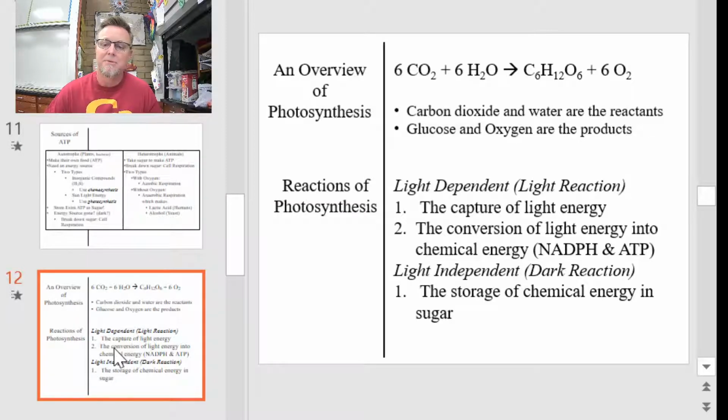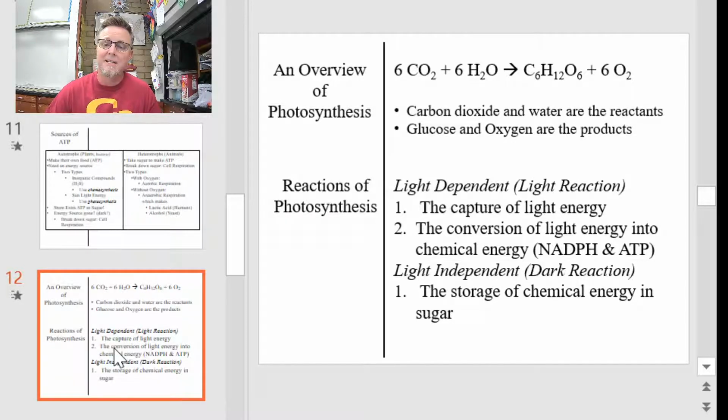Now in order to make this reaction occur, there's 2 steps that we gotta visit in regards to photosynthesis. And that is the light-dependent reactions, also known as the light reactions, and the light-independent reactions, also known as the dark reactions or the Calvin cycle.